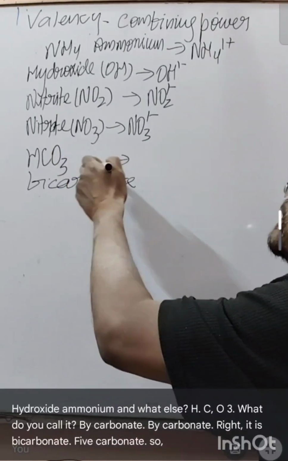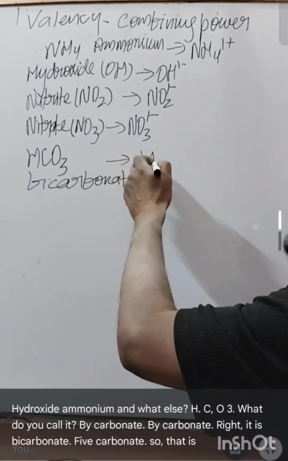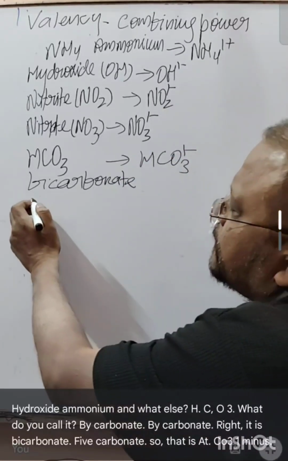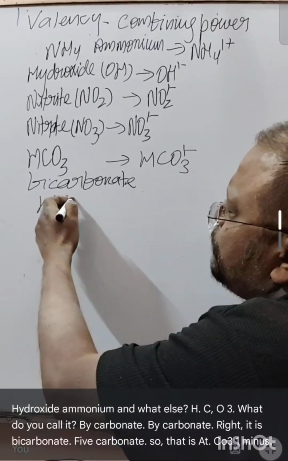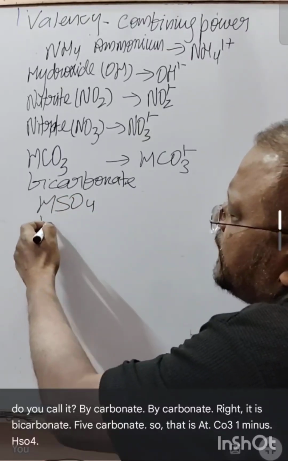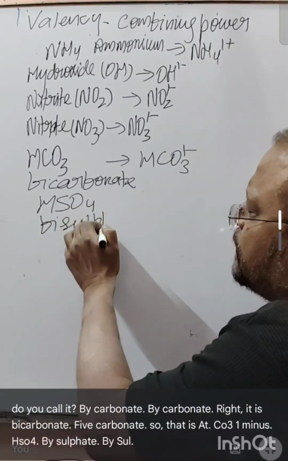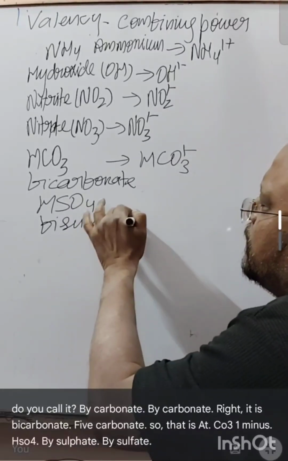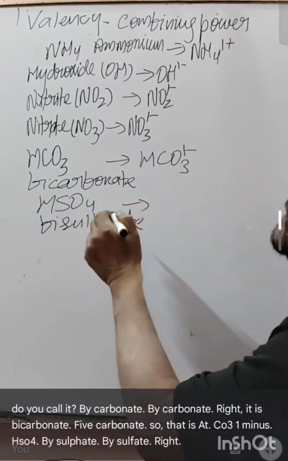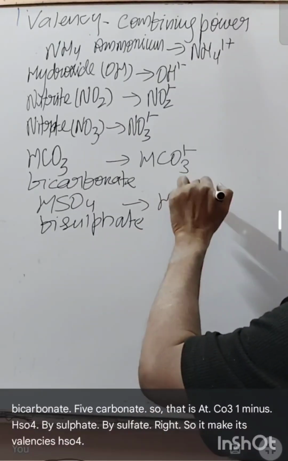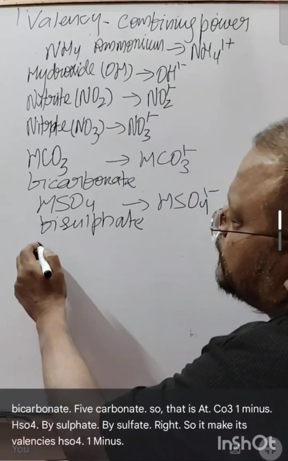So that is HCO3 1 minus. HSO4, bisulfate. Right? So its valency is HSO4 1 minus. Right?